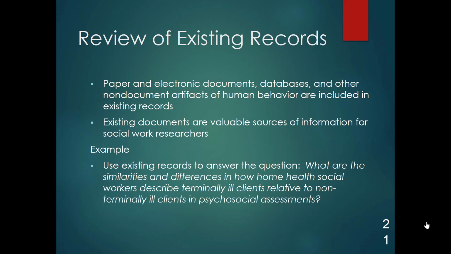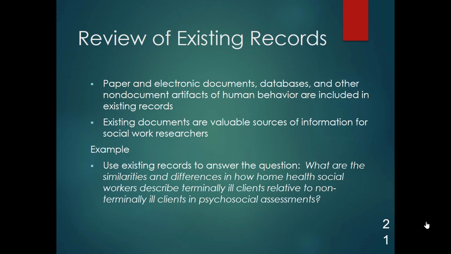Another way of using qualitative data collection is by using review of existing records. Paper and electronic documents, databases, or any other non-document artifacts of human behavior are usually included in existing records. Existing documents are valuable sources of information for social work researchers.